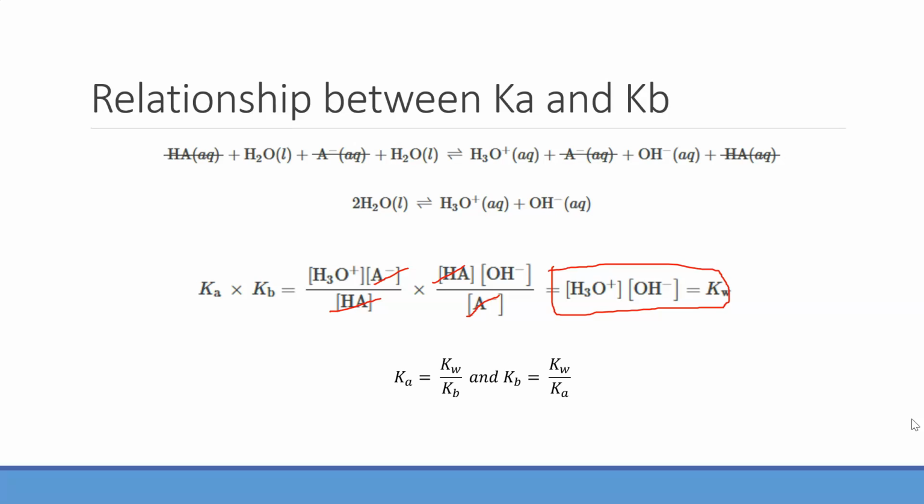I hope that this was helpful in understanding the relationship between these constants that help us interpret what's going on inside a vessel where these acid-base reactions are taking place. The take home here is to understand how this expression arises and how to use our Ka and Kb values, and also to use those Ka and Kb values to interpret the strength of acids and bases.